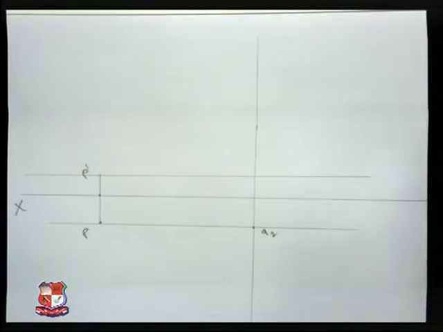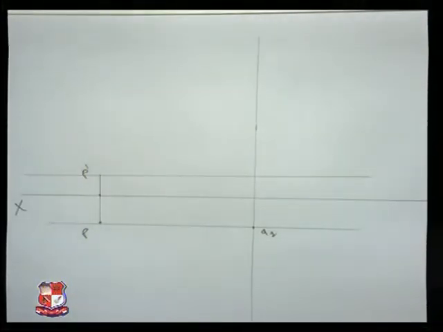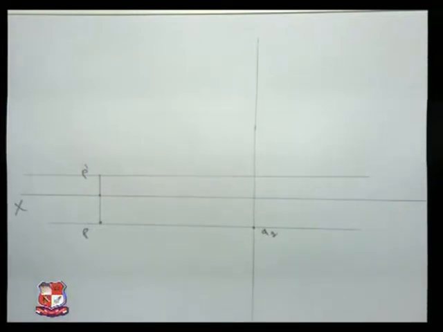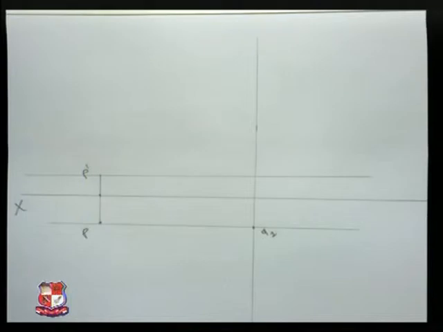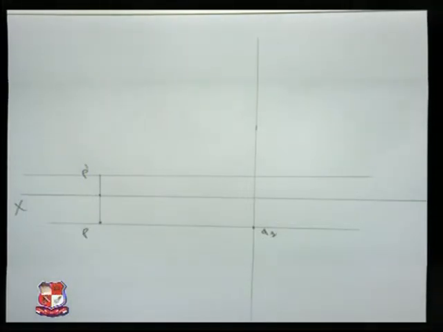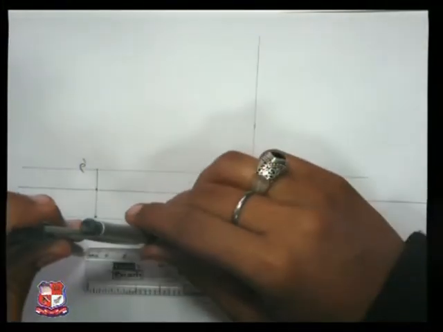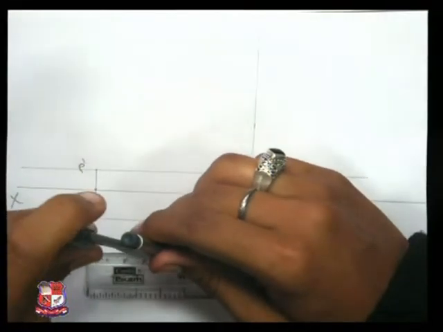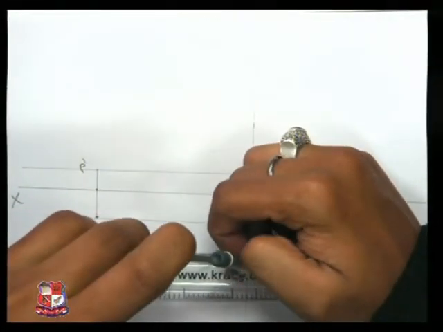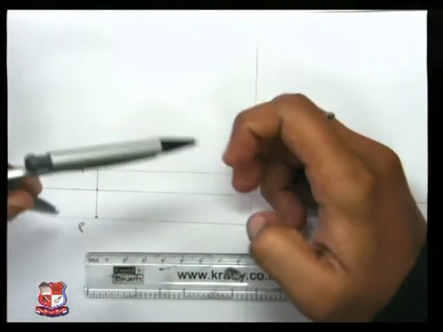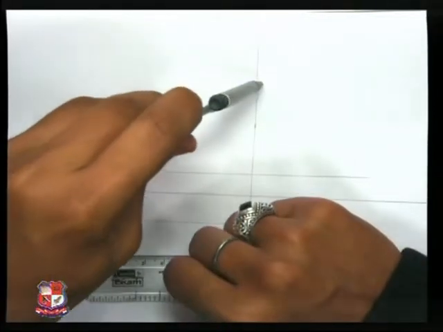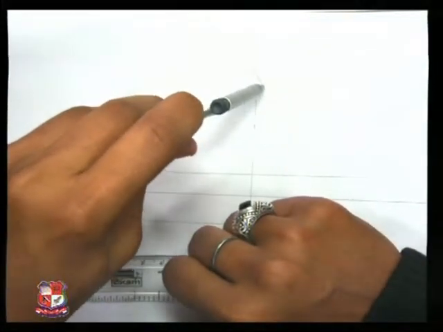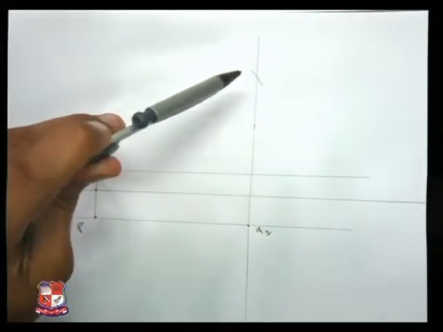Draw a vertical line. Now we have been given a true length of 100 mm, which means our PQ line is 100 mm long. So we are going to locate this PQ line of 100 mm. Take P dash as center and mark an arc on this vertical line.